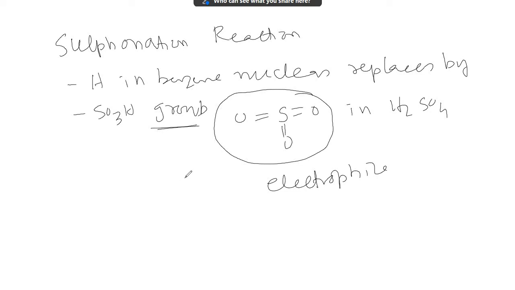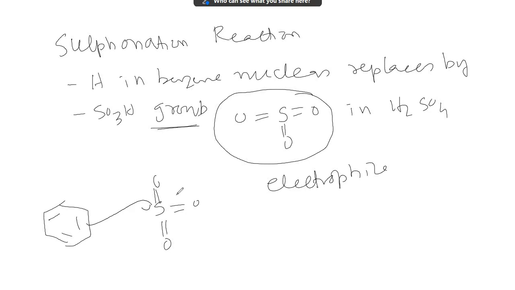I will tell in detail the mechanism of the sulfonation reaction because it is a bit different compared to the other substitution reactions which I have discussed so far. Suppose benzene is treated with fuming sulfuric acid, which is known as oleum.